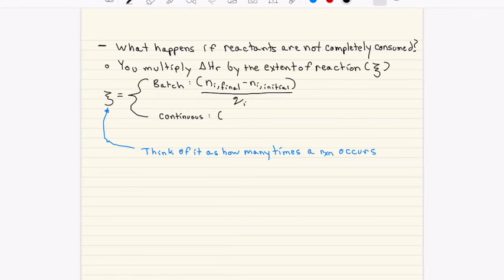If you have a continuous system, so if you're looking at molar flow rates, what you're looking at is the molar flow rate of some species out of the system minus the molar flow rate into the system, divided by your stoichiometric coefficient for that species. And we'll go over more about how to calculate this extent of reaction. But what I want to highlight here is that regardless of whether you have a batch system or a continuous system, your extent of reaction is going to be unitless.